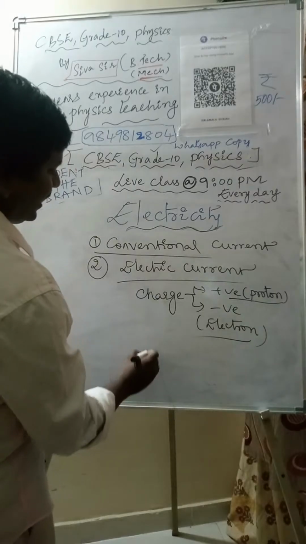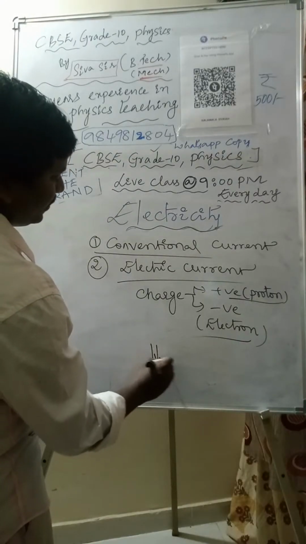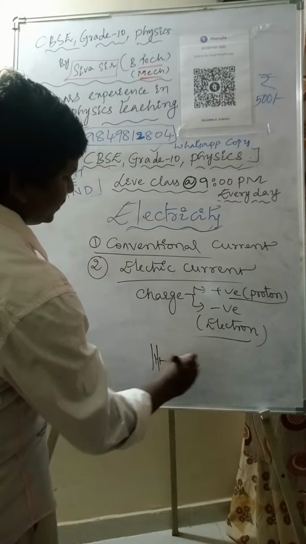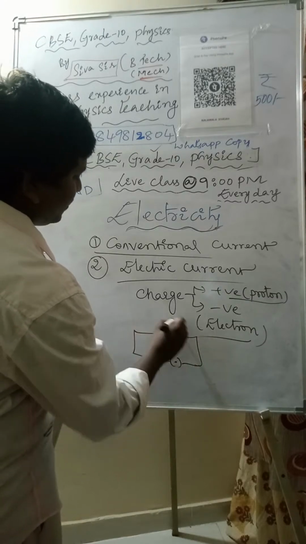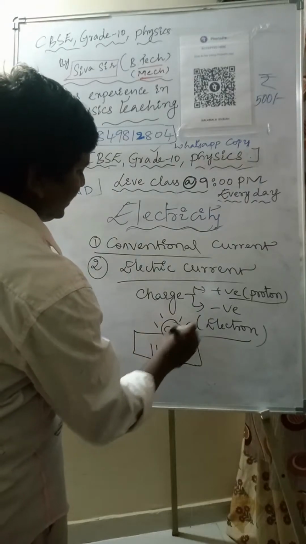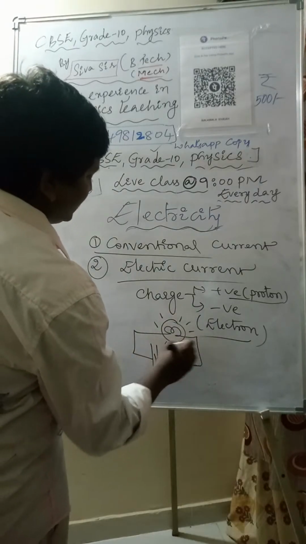Initially I already explained electrical appliances, right? So I can draw the circuit diagram like this. Current will pass, and this bulb is glowing.